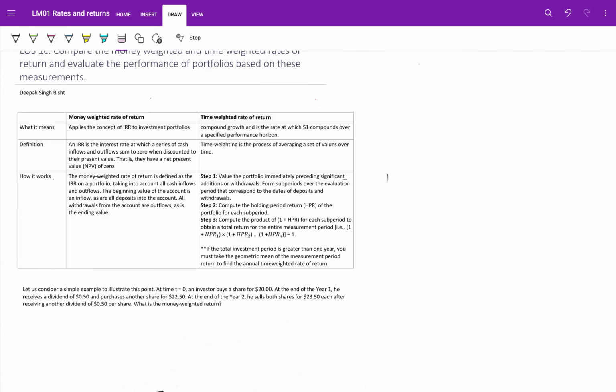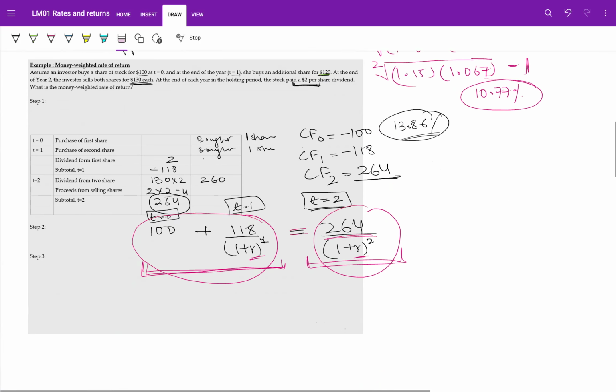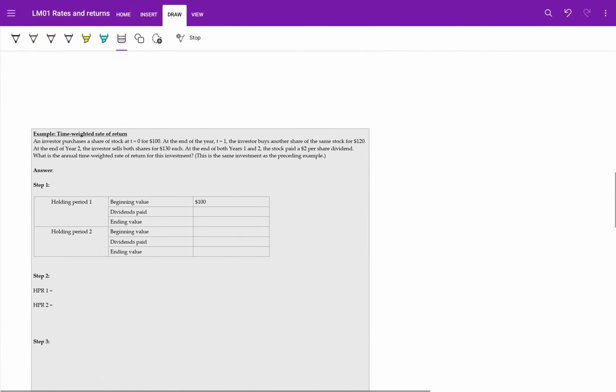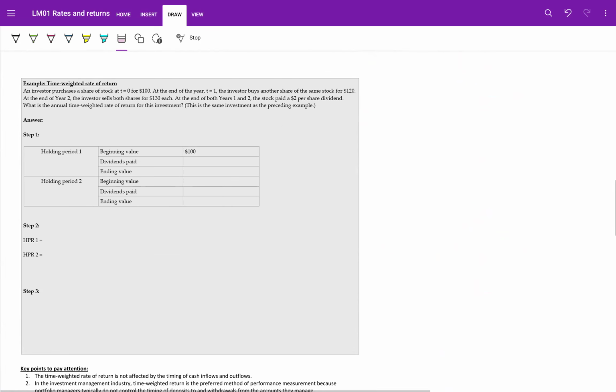Okay, I hope this much you have understood, how to use time weighted rate of return. So one more example we have here. Let's do this also quickly so that we test our concepts.